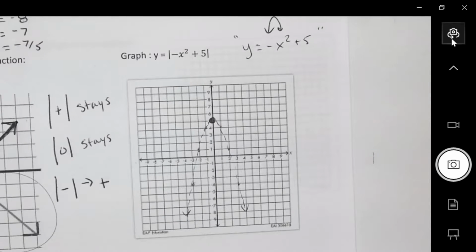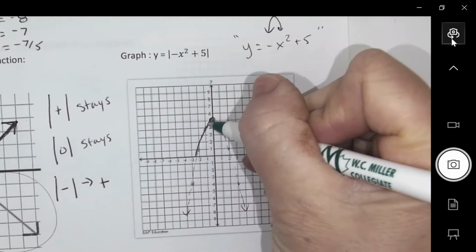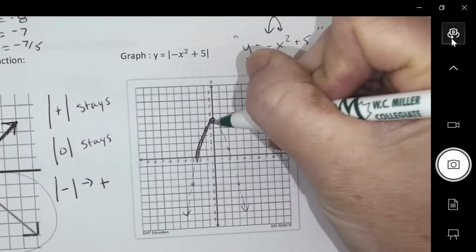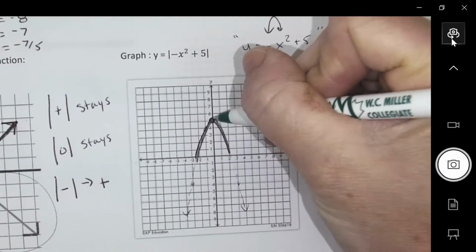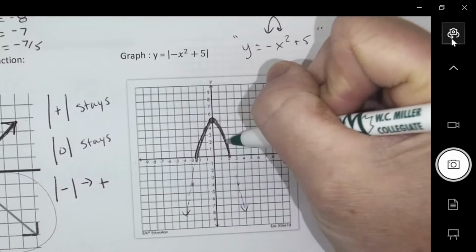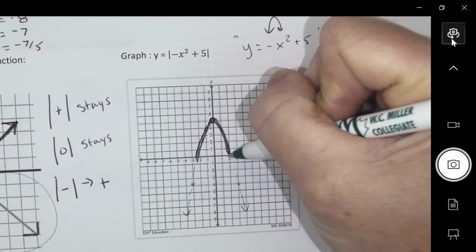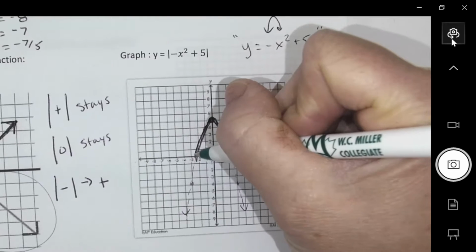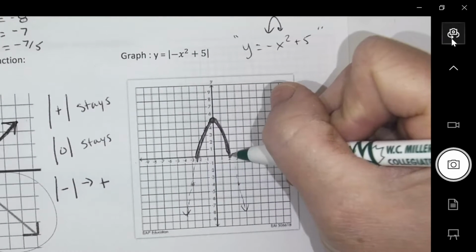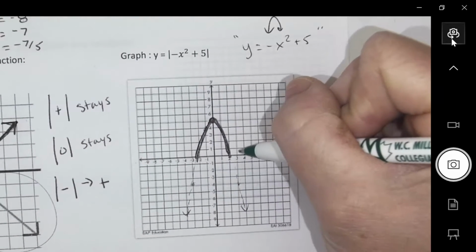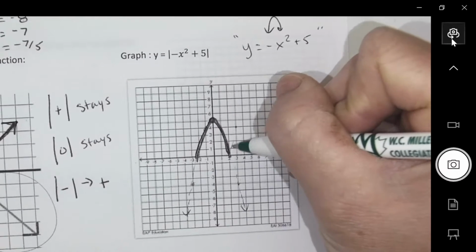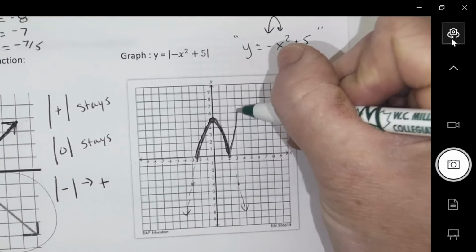Okay, so I have the idea of what that looks like. Can we absolute that? So where it's positive or 0, and then when it's negative, we're going to reflect it.